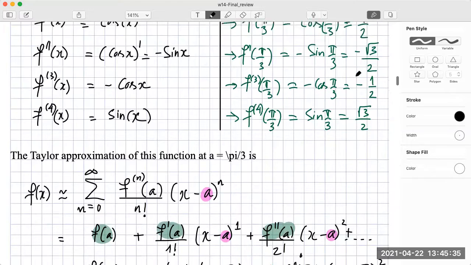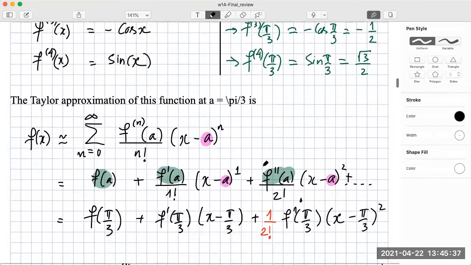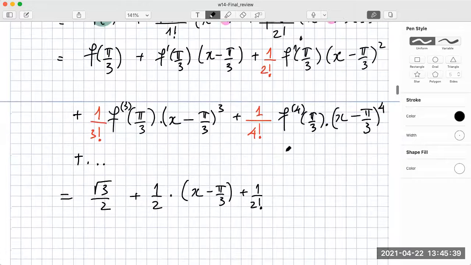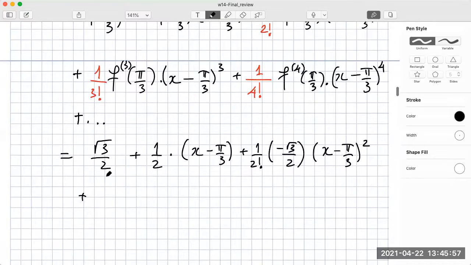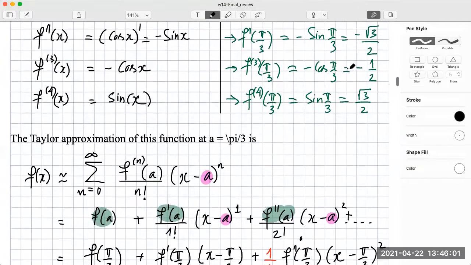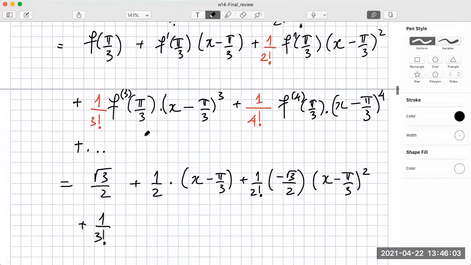This is this guy, right? Multiply x minus pi over 3 here, squared. And what is next? Negative 1/2.